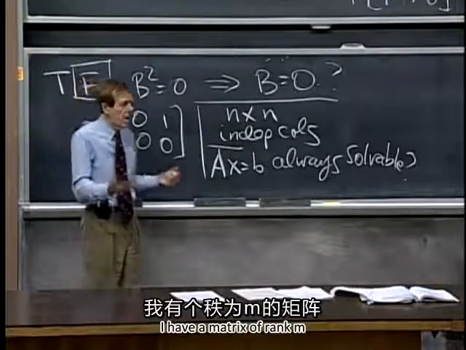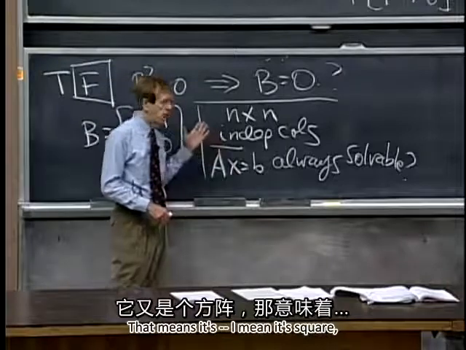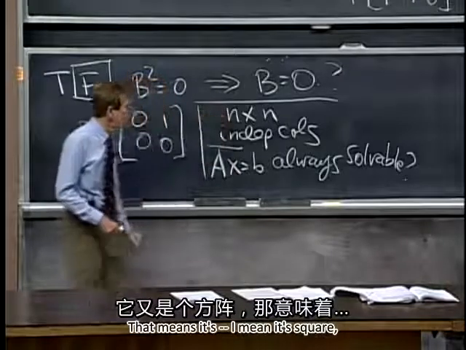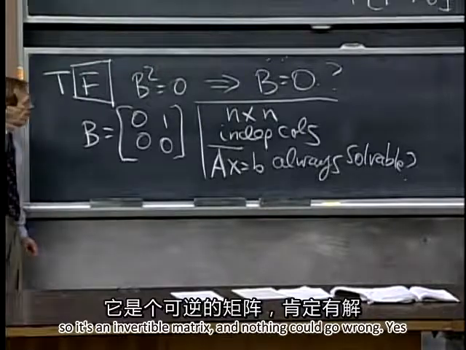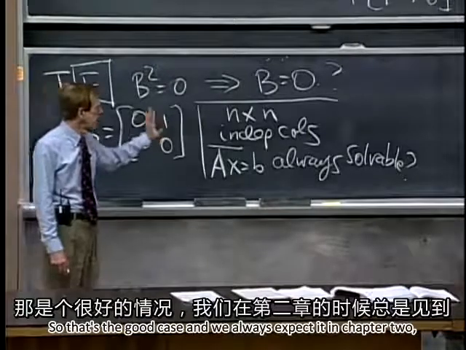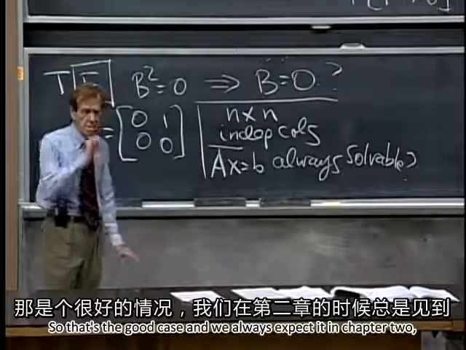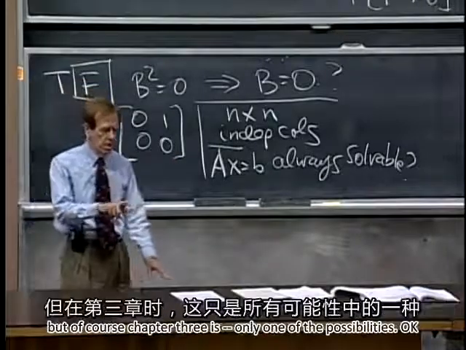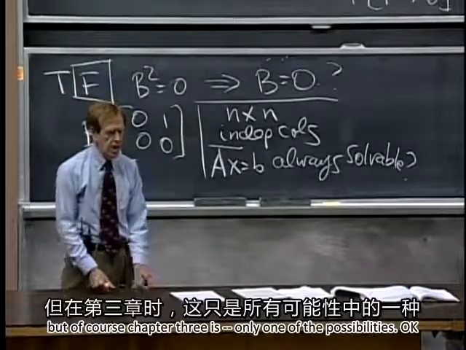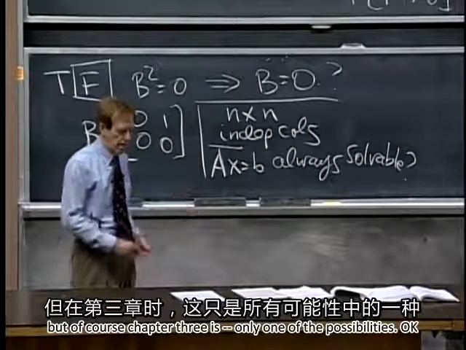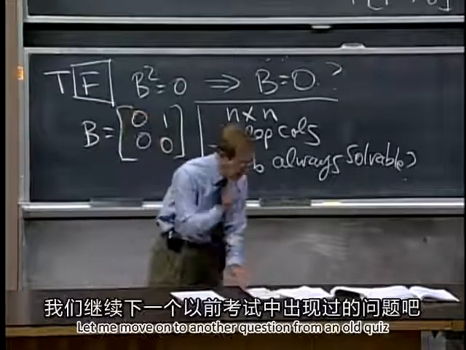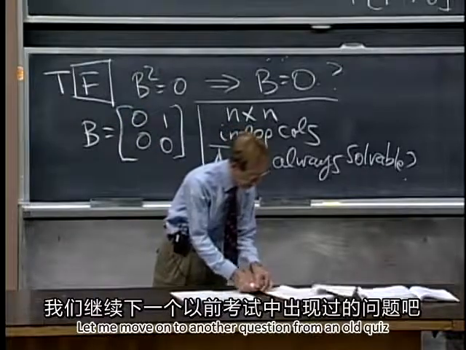I have a matrix of rank n. That means it's square, so it's an invertible matrix, and nothing could go wrong. So that's the good case that we always expected in chapter 2, but in chapter 3 that's only one of the possibilities.